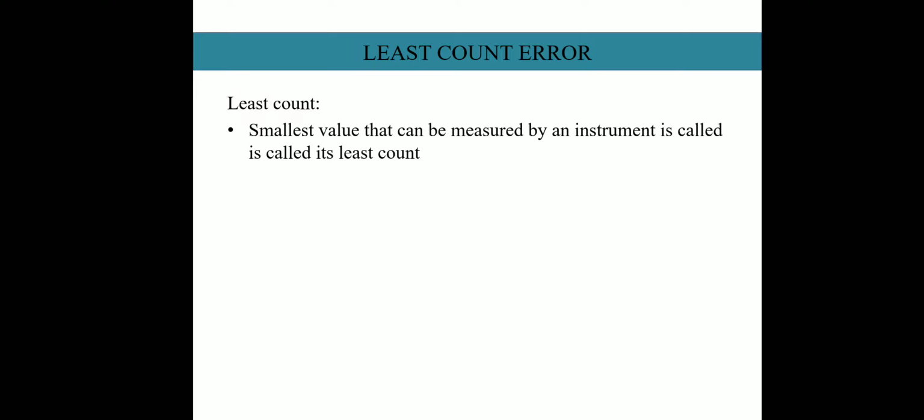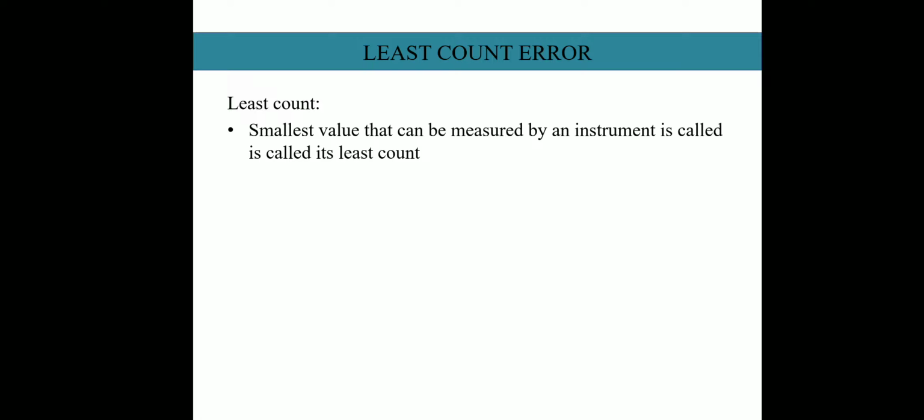Then what is least count error? Very, very important. First of all, we should know the meaning of least count. Least count means the smallest value that can be read using a scale. For example, the metric scale in our geometry box, which we use for drawing straight lines in the notebook, the smallest value that can be read is 0.1 millimeter.